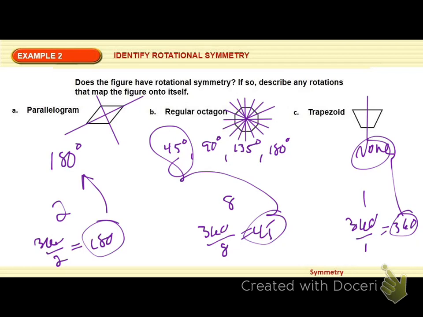So the bottom line is, if you take your number of lines of symmetry and divide it into 360, that will tell you your first rotational symmetry, and then you can add that on each time after until you get to 180. Here's another way to come up with your rotational symmetry. Okay?